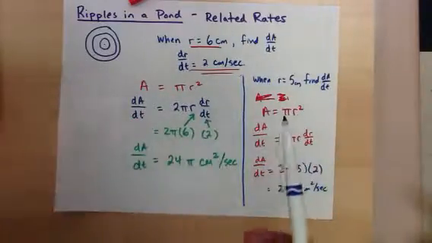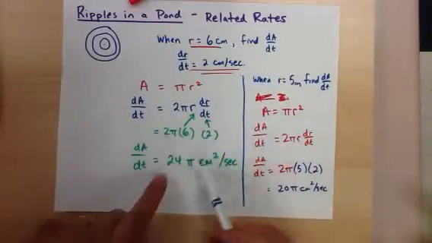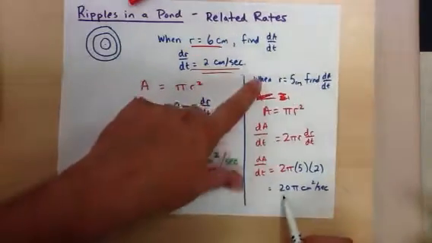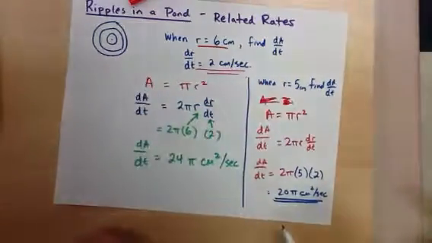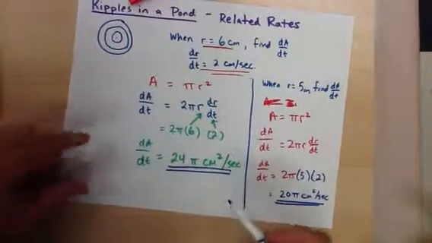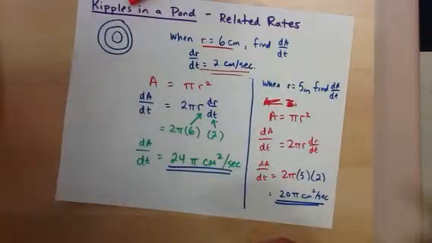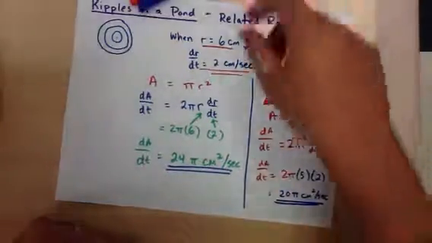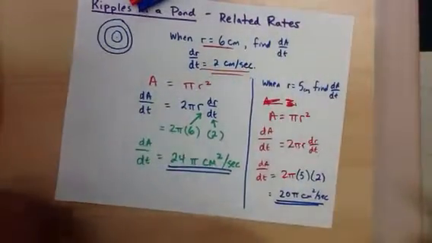Every second 2 centimeters, every second 2 centimeters. But notice what's happening. When the radius is 5 centimeters, this is how fast it's growing. When the radius is 6 centimeters, this is how fast it's growing. So the one rate will consistently change. Okay? Hopefully this helps. A lot more examples to come.